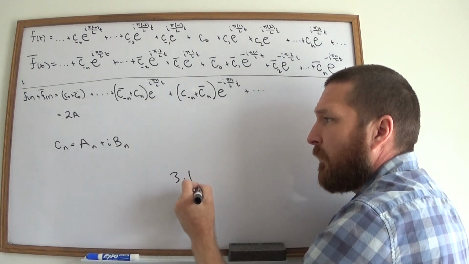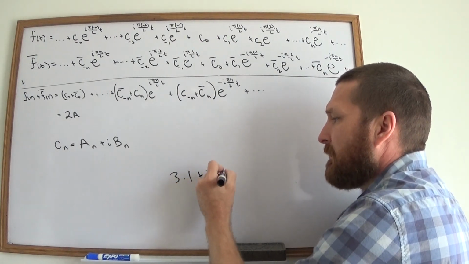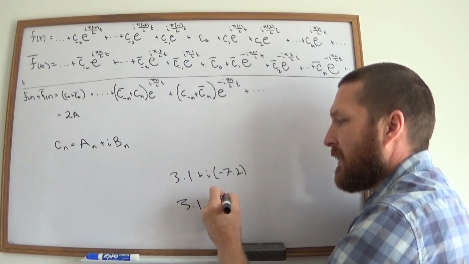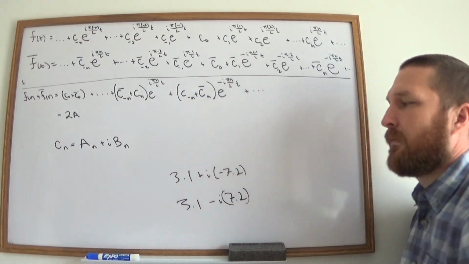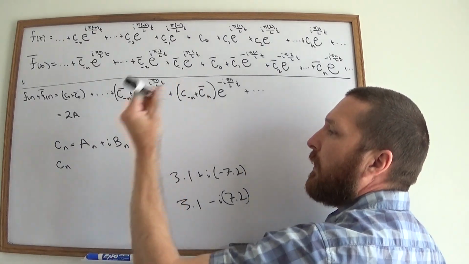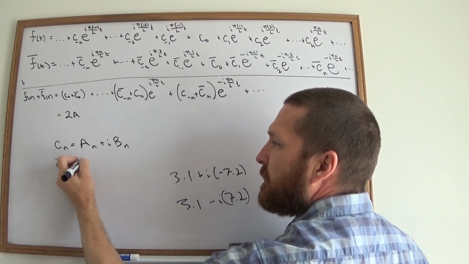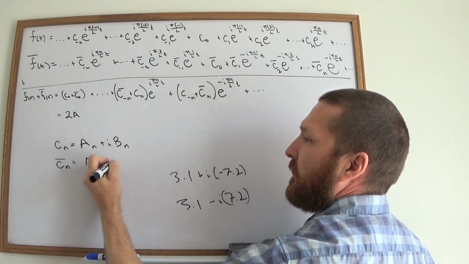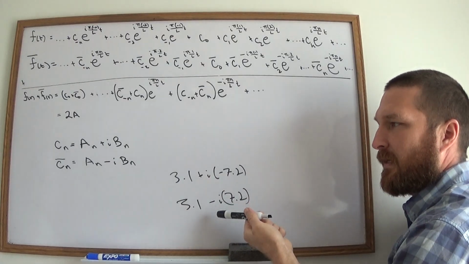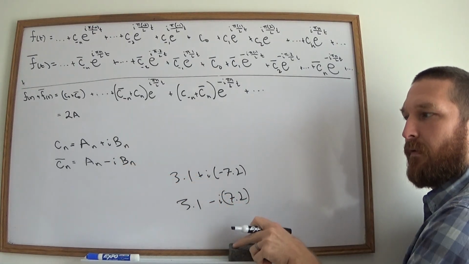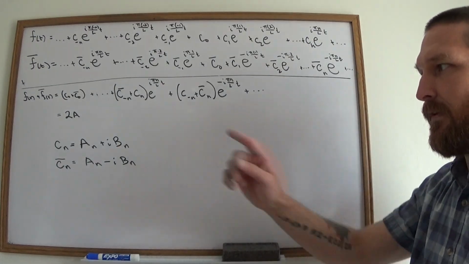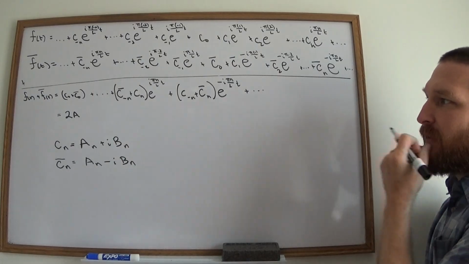An might be 3.1 and Bn might be negative 7.2, in which case this is 3.1 minus I 7.2, right? And then Cn bar would then have to be An minus whatever that is. At any rate, they have opposite signs here and here, right? But those aren't added together.